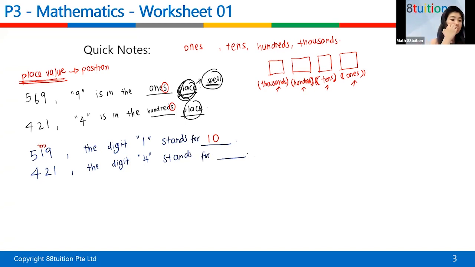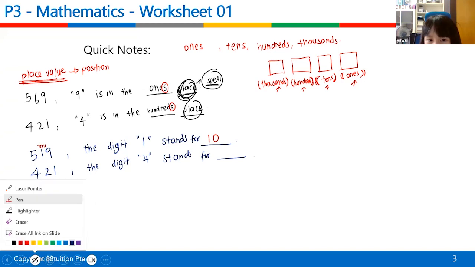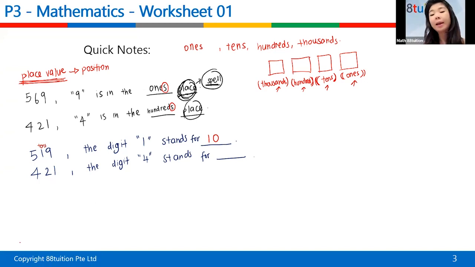Okay, what does it stand for, Jingxi? 400. Very good. So, Sakti, do I spell out 400 or do I just need to write 400? You need to just write 400. Very good.